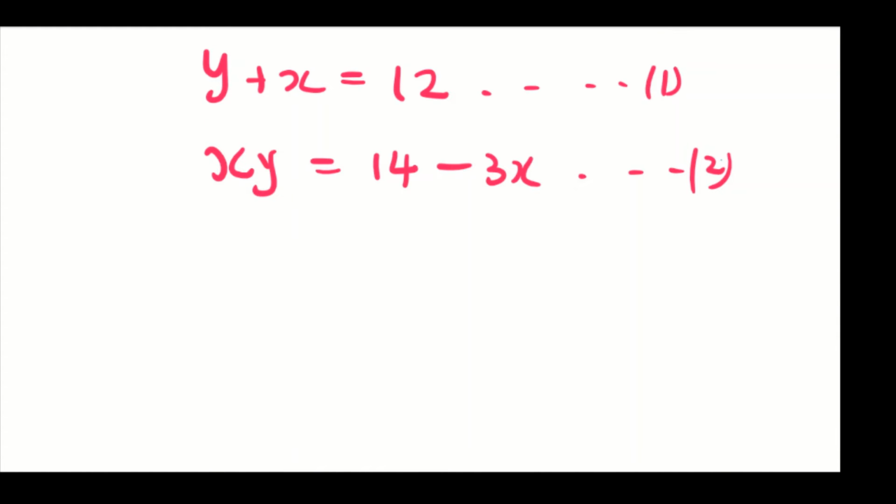So let's choose one equation to use as equation 3. Let's choose this one because it looks simpler. We can simply say y equals 12 minus x, and it's equation 3.